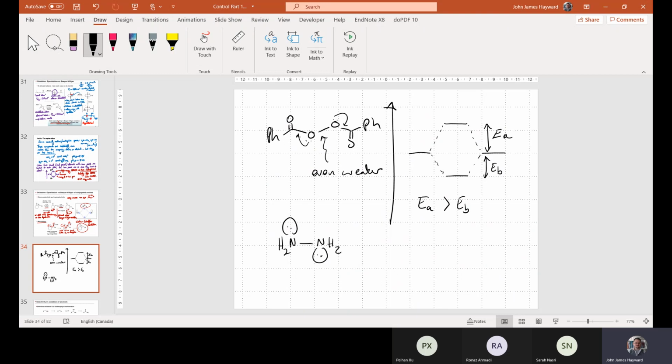Well, what if I drew that slightly differently? As an antibond. That's got 2 electrons in it, and then there's 2 electrons in the bond, which I'm not showing. The effect is that it looks like 2 lone pairs sitting next to each other because there is no bond between them.